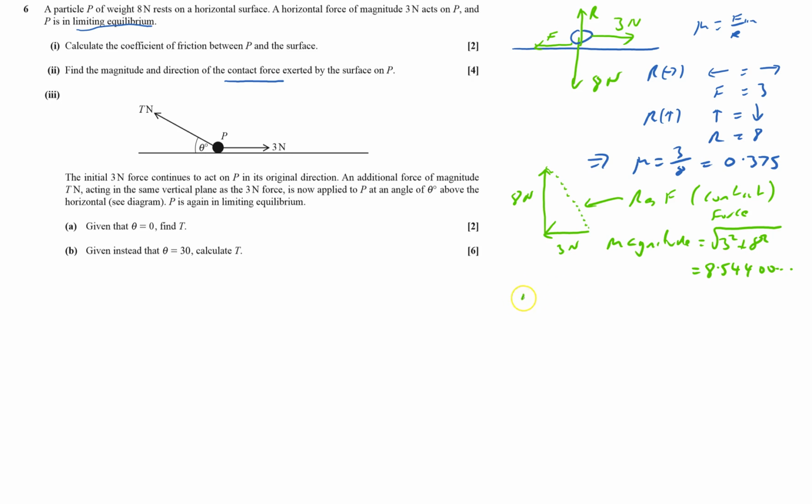And the angle equals tan to the minus 1 of 8 over 3, that's my angle there, which equals 69.4439 degrees.